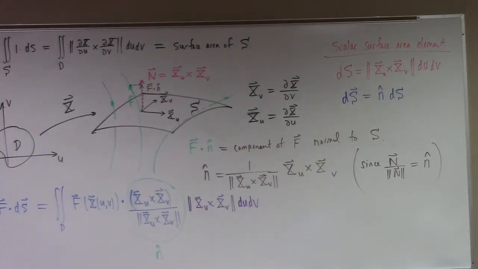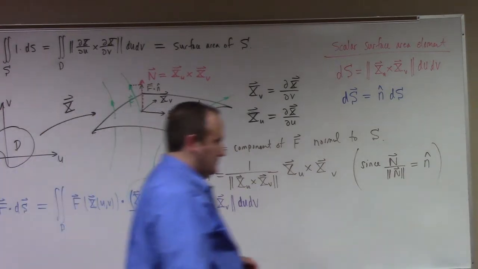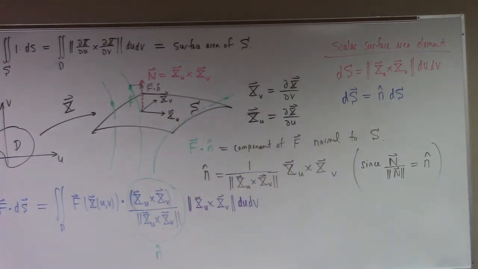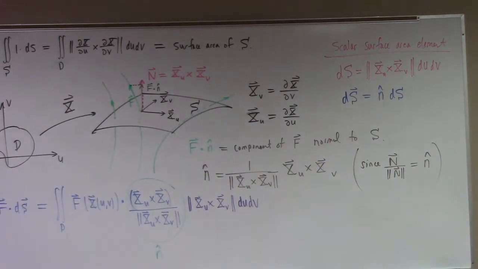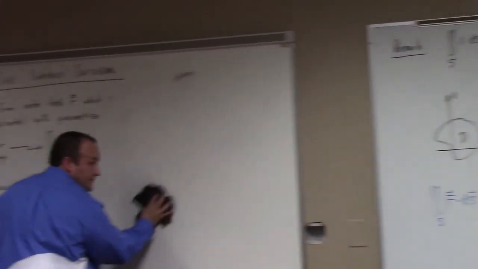So let me do one. Let us start with something that's actually not that easy, but it's a good one. Let's start with the sphere. What I want to discuss with you is how we will set up the flux integral through a sphere.